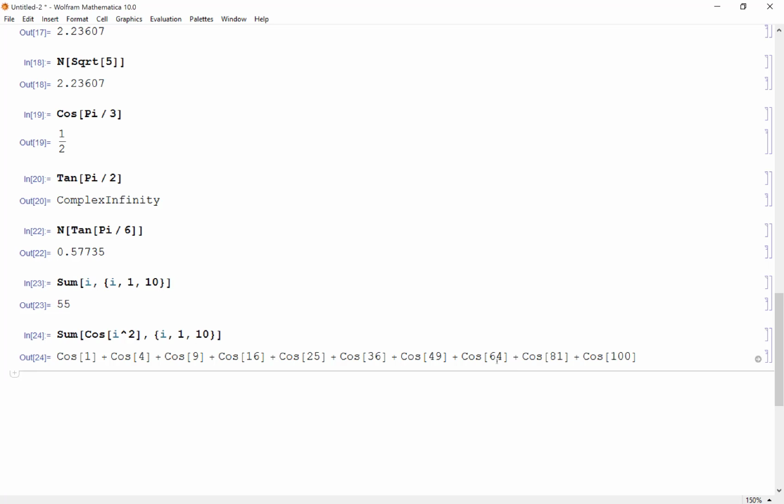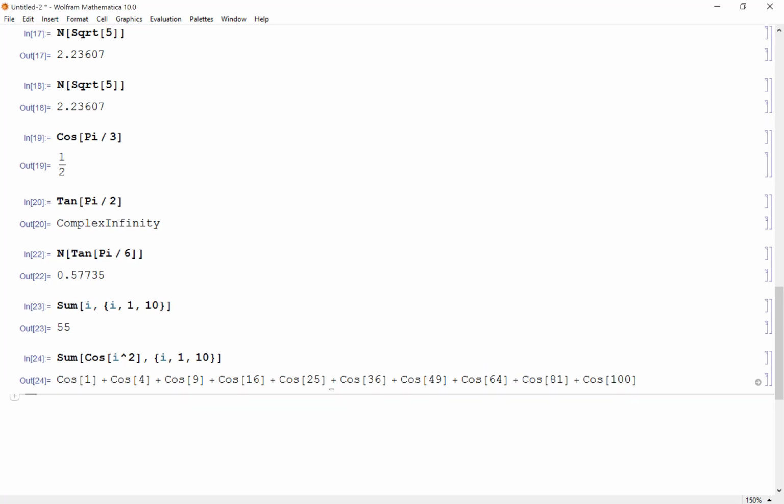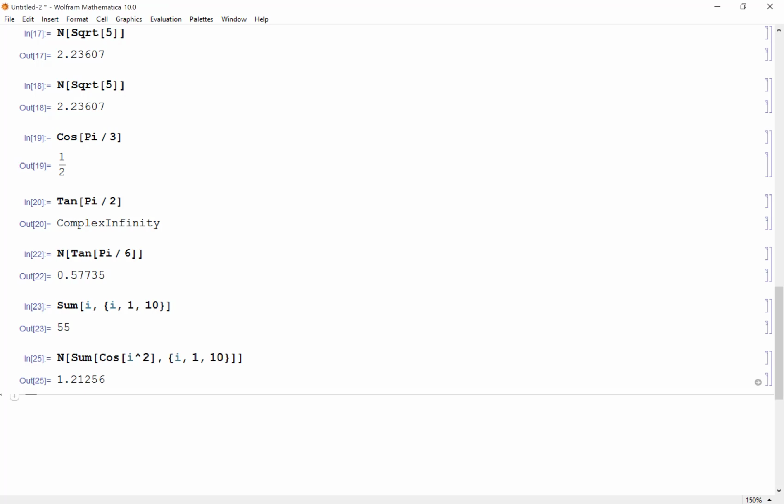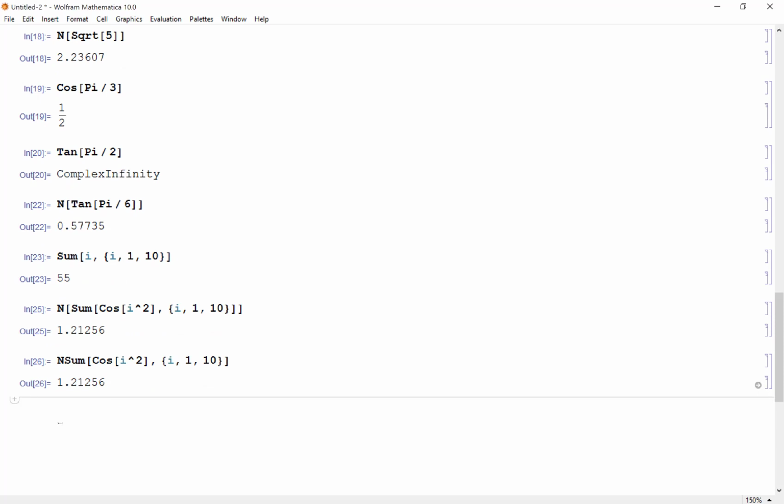That gives me the technical expression, but it's not what I want because I want the decimal values. I could put the N function around this and it will calculate the numerical value, or I could use the NSum function, which is basically like combining those two functions together. And there it is, I get the same thing. So the NSum function is basically the N function around the Sum function.